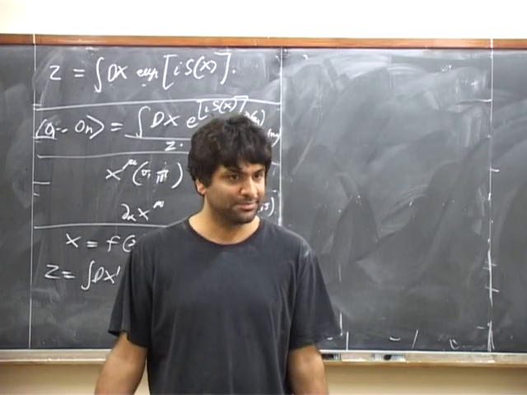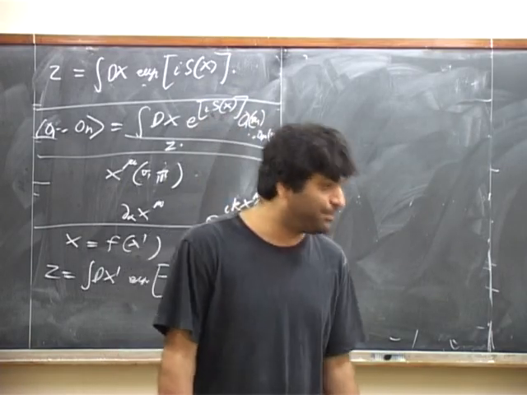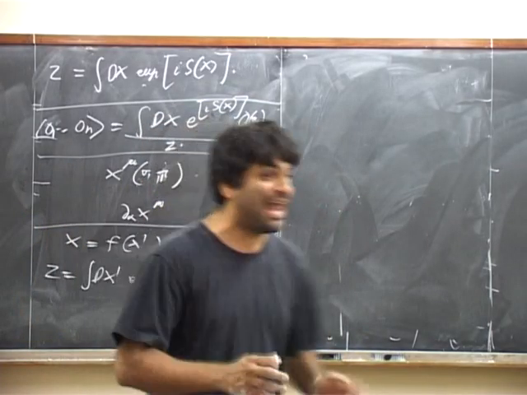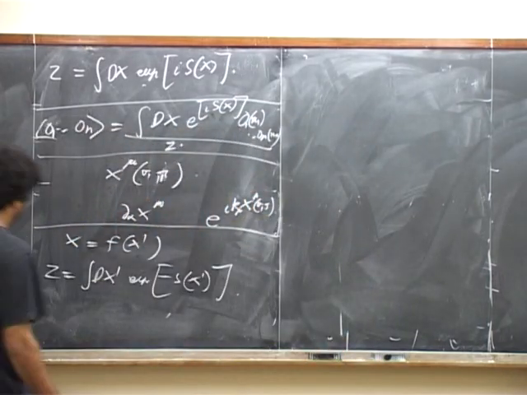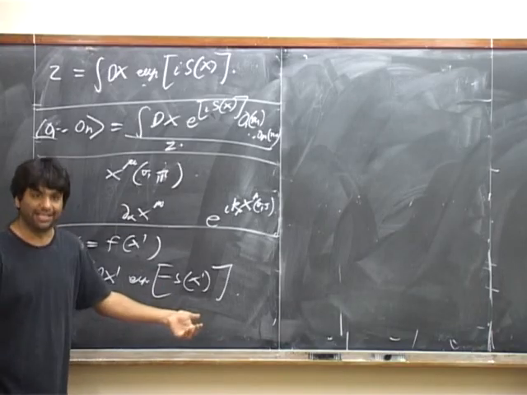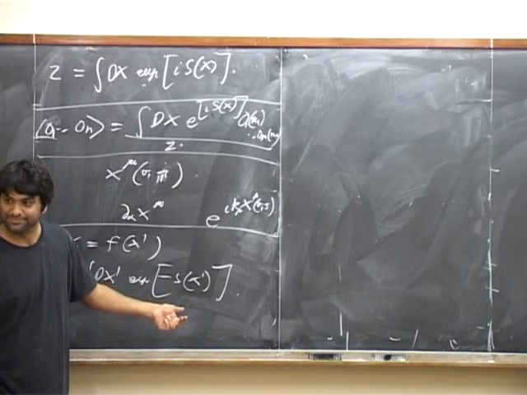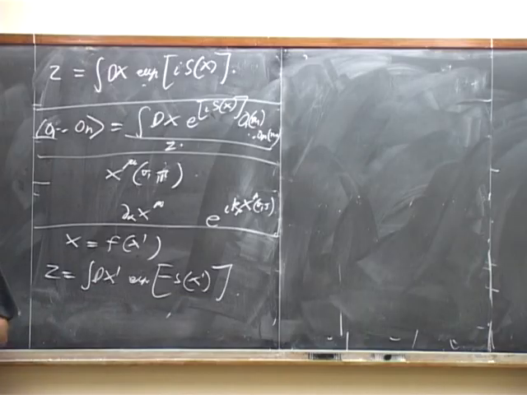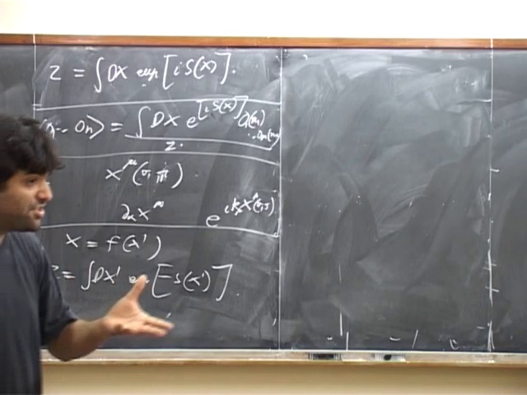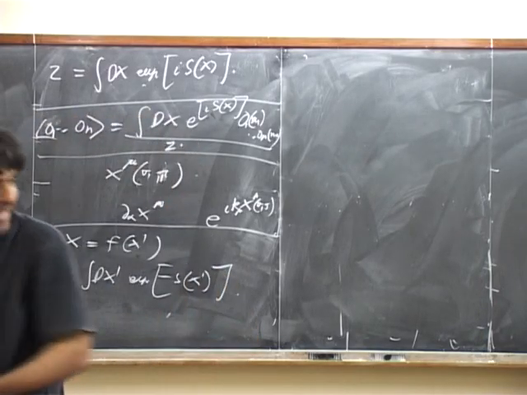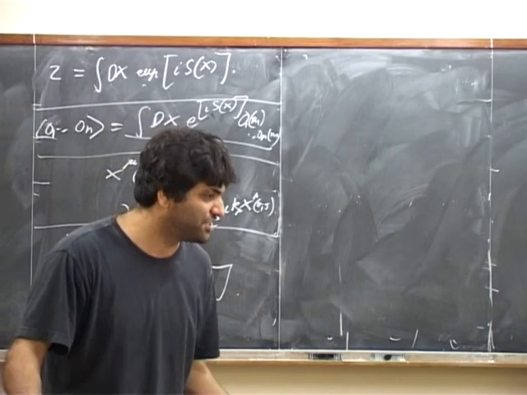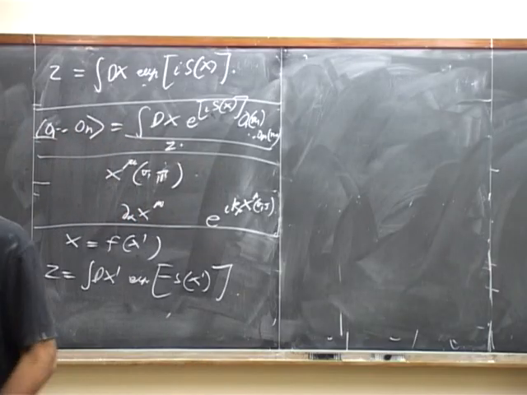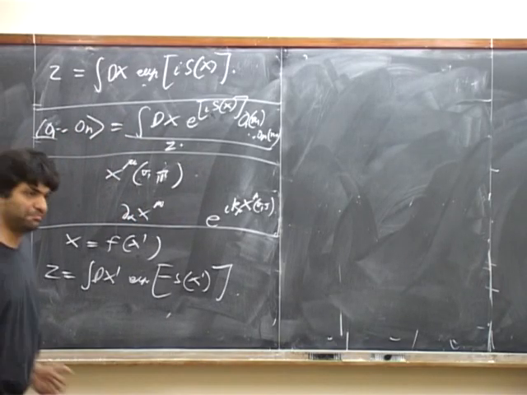Whether you make a variable change by symmetry or by anything else, the value of the integral hasn't changed. But most variable changes will change the form of the integral. If you can find variable changes that don't change the form of the integral, it's the same function, the integral is unchanged. Such a variable change is called a symmetry of a path integral.